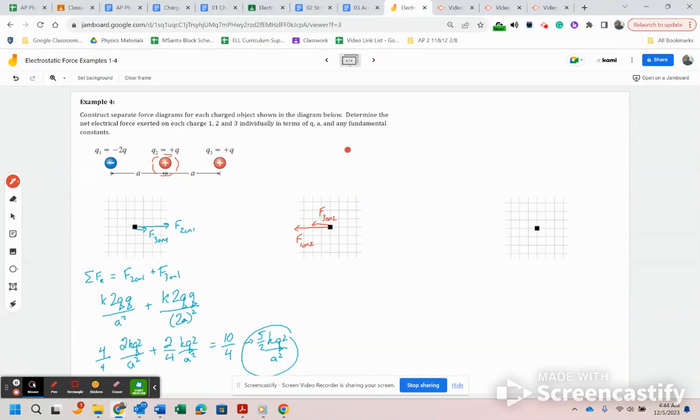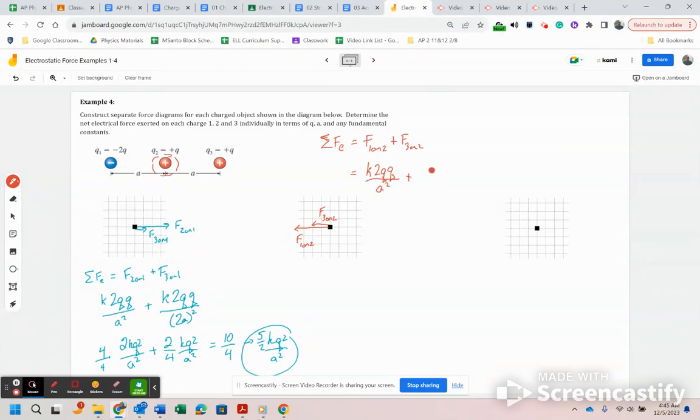Okay, now to determine the net electrical force here, what we have to do is the following. The net electrical force on 2 is going to be the force of 1 on 2 plus the force of 3 on 2. The force of 1 on 2 is going to be K times 2Q times Q over A squared.